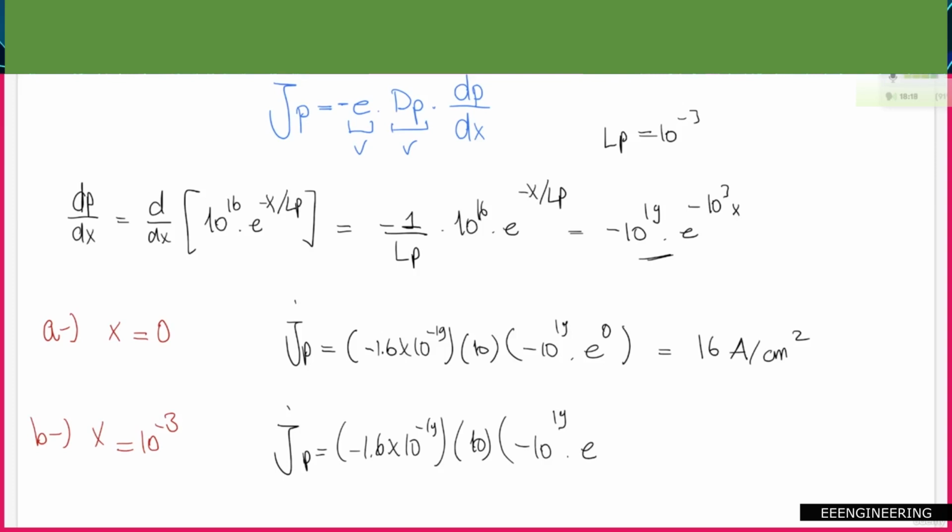If we put x equal to 10 to minus 3 here, we're going to have minus 1 only. So this is basically equal to 16 over e, where e is the number that you all know. Let me check my calculator. It is going to be something about 5.89 amperes per centimeter square.